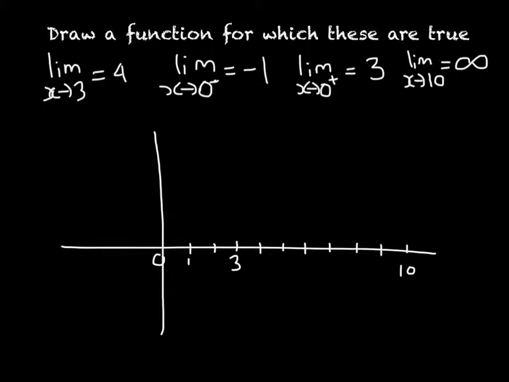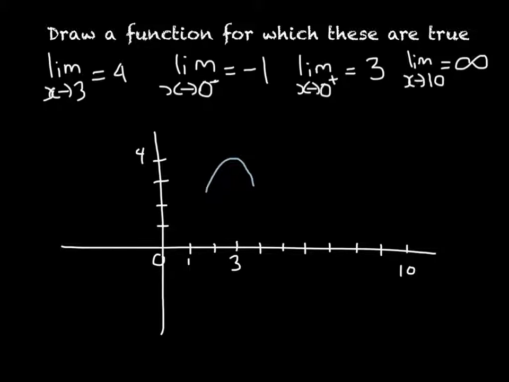So I'm labeling the points for which I'm given information about the limits. So now I can start with, I know that when x approaches 3, then I have y approaching 4. So label that as 4. Maybe we can have something that looks somewhat like this in this area.